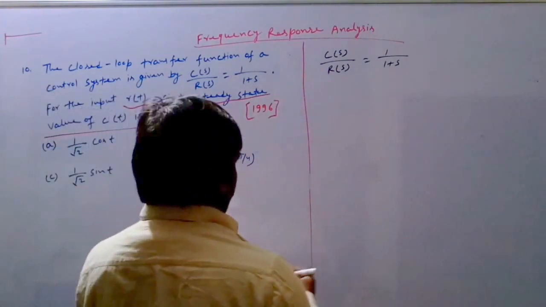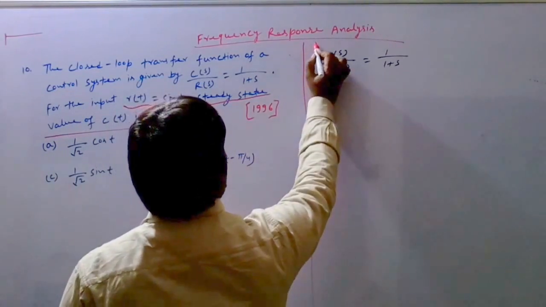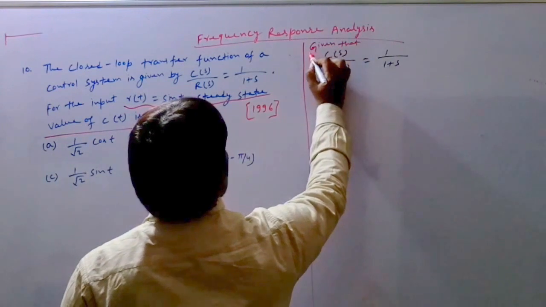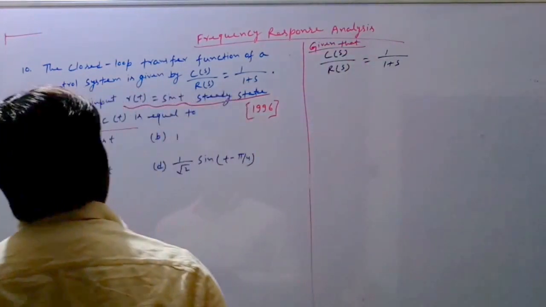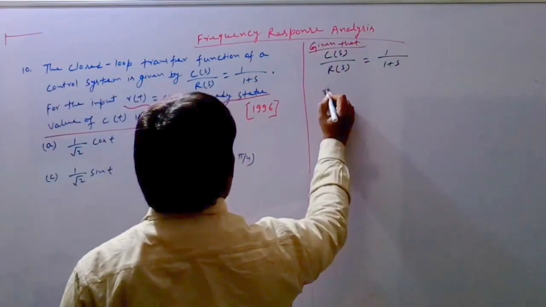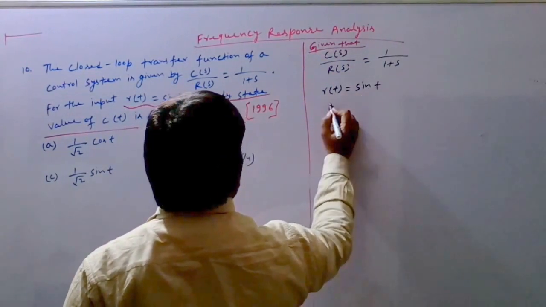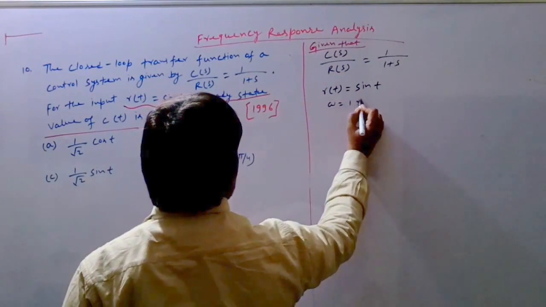It is given that the input r(t) is equal to sin t. That means omega is equal to 1 radian per second.